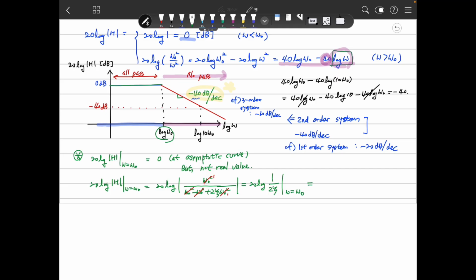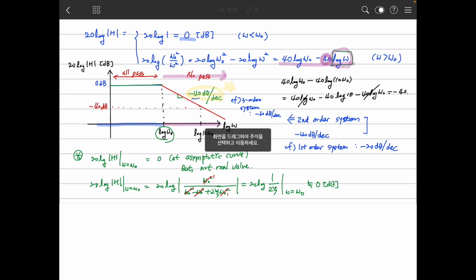This is not 0 dB. What's the meaning of that? When zeta is half, then there will be 0 dB. So that means we will derive the figures for second order systems generally.